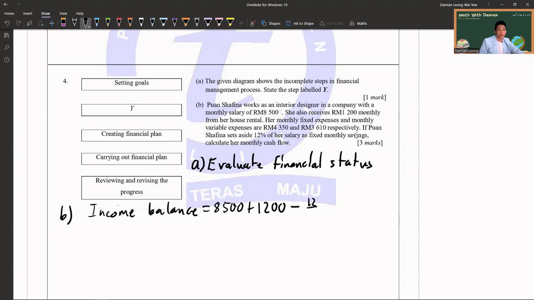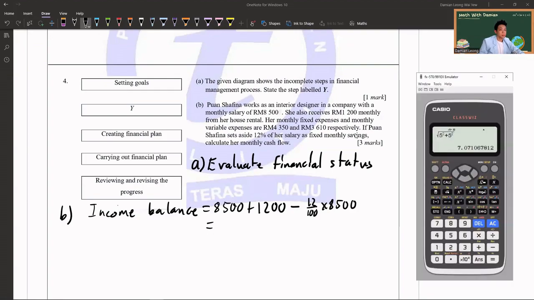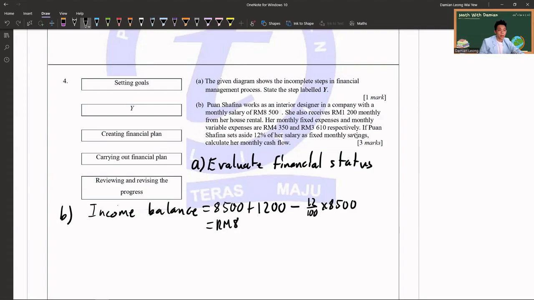So I take 12% of the salary, 8,500. Now 8,500 plus 1,200 minus 12% of 8,500. So that would be 8,680 ringgit income balance.